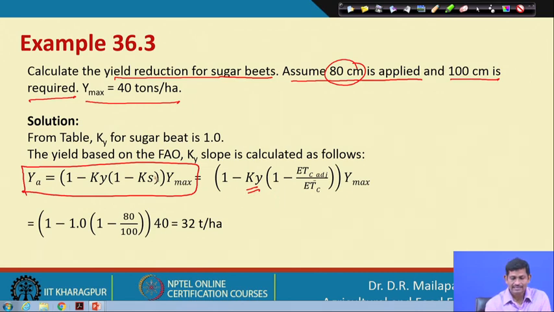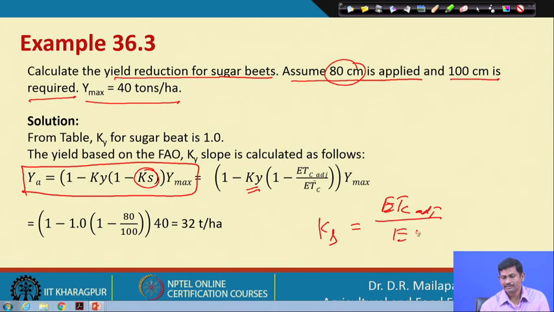Here, the Ks can also be written in terms of water, that is ETc adjusted divided by ETc, the crop evapotranspiration and crop evapotranspiration adjusted. So, this is due to your stresses.